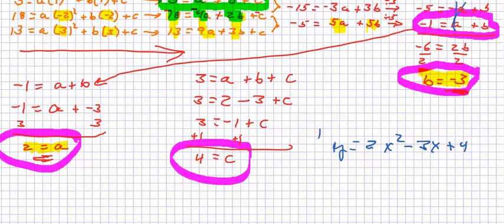This is my final answer. y equals 2x squared minus 3x plus 4. And we're done. We found the equation.